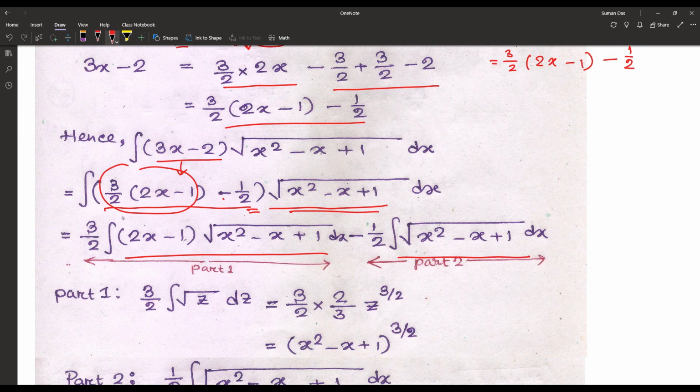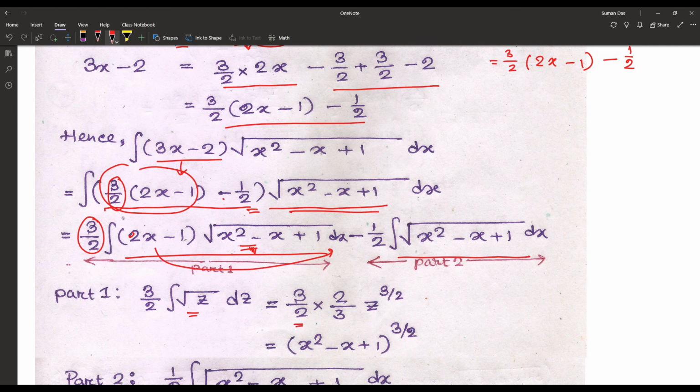As 3 by 2 is a constant, we are writing it as a multiplier with the integration. Now if we take that one as z, as we already have taken, that one is our dz.